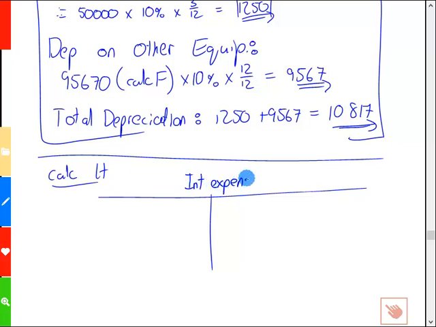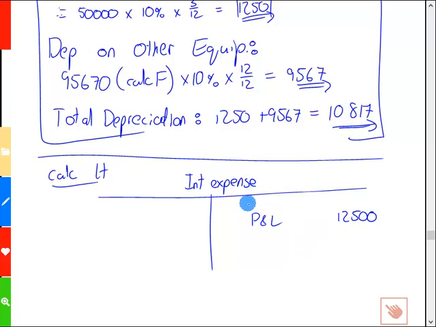This is the interest expense account. We know that the interest expense amounts to 12,500, right? So when we close off interest expense, we take it to profit and loss, and we know the amount closed off to profit and loss is 12,500. So that goes on the credit side because that's what goes to profit and loss.